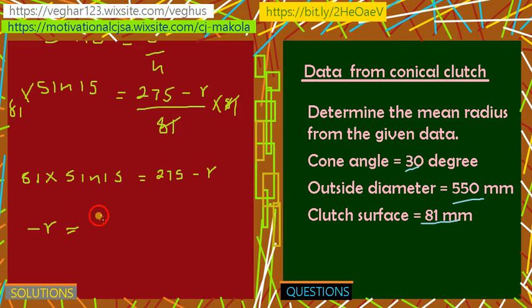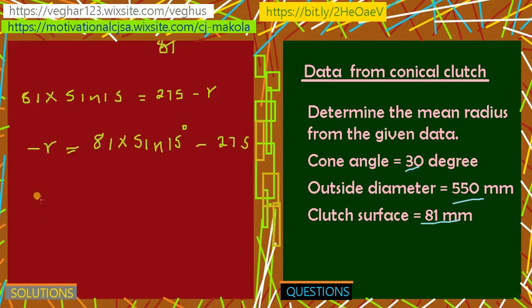So we'll take the 275 to the other side. We have 81 multiplied by sine 15 minus 275. Multiplying everything by a negative sign, we have something like this.